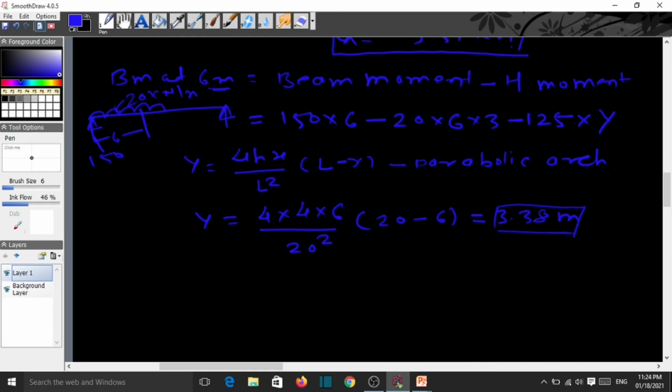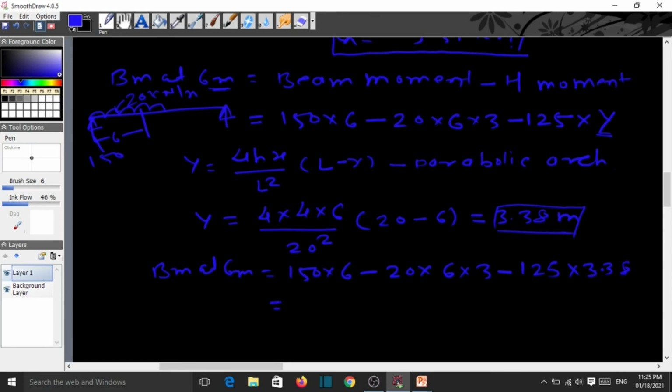So put this in this equation, so the bending moment at 6 meter is equal to 150 into 6 minus 20 into 6 into 3 minus 125 into 3.38.